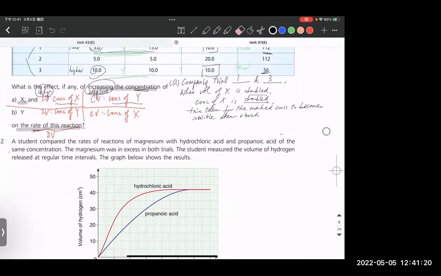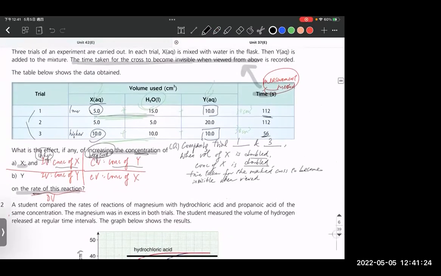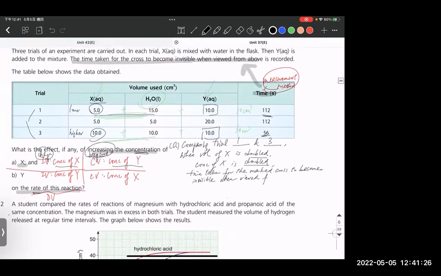Yes. So what is the mathematical relationship between rate and time? The more rate, the less time. Yes, mathematical relationship. You just tell me something like a qualitative relationship. How about quantitative relationship?